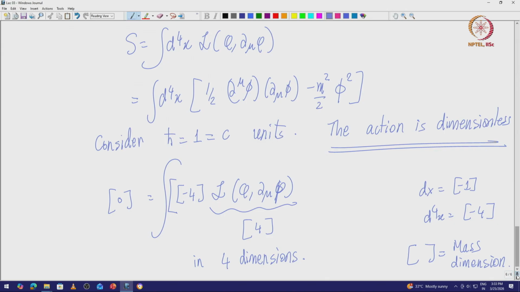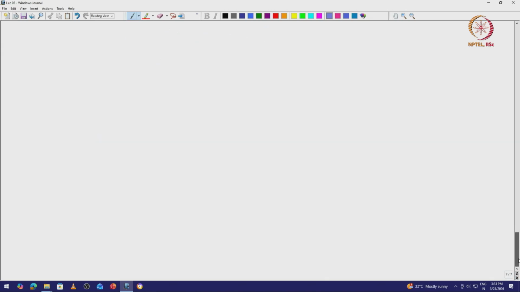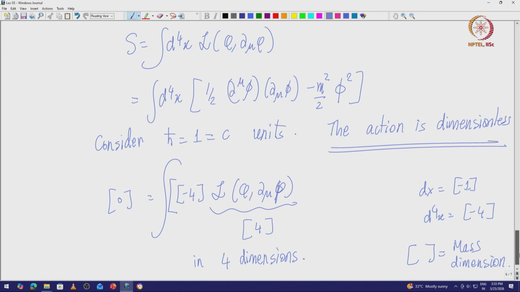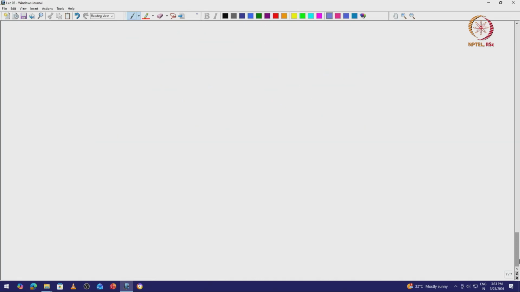So with this we look at half del mu phi del mu phi minus 1 by 2 m square phi square. m has mass dimension 1, and del mu has mass dimension 1 because it is a derivative of space essentially.